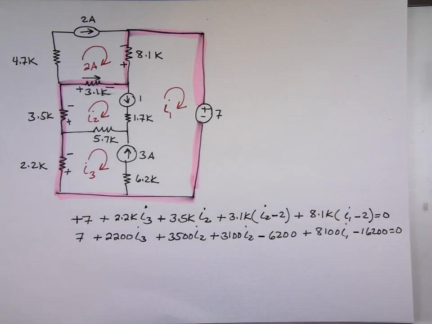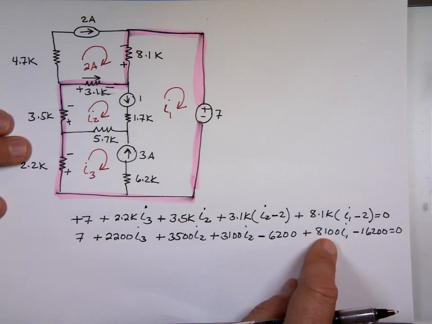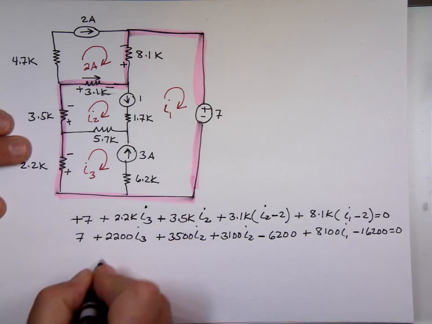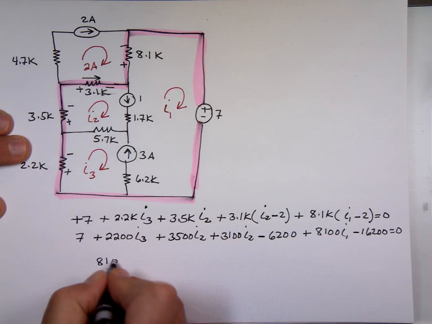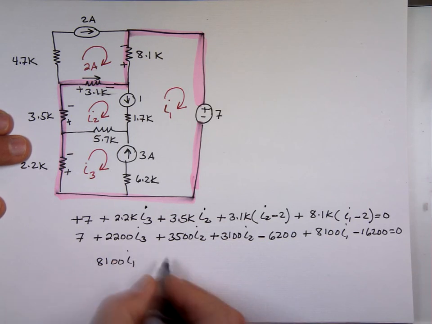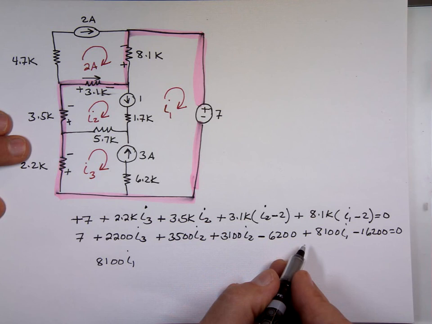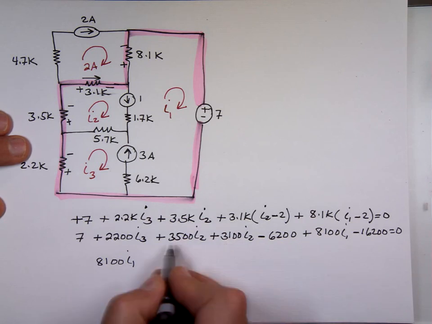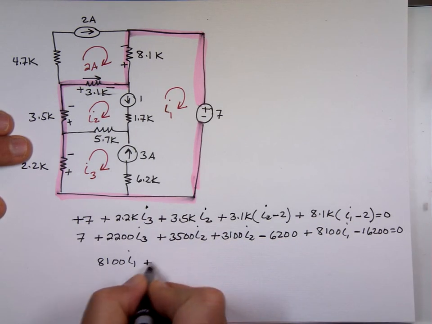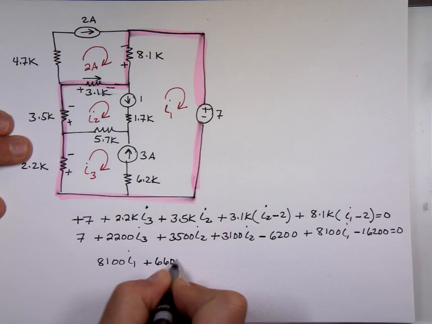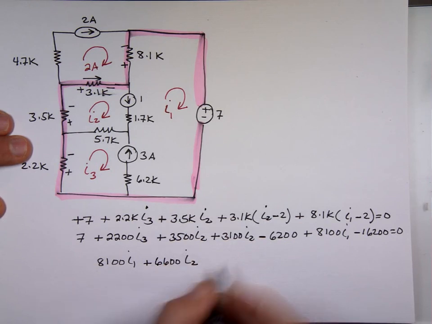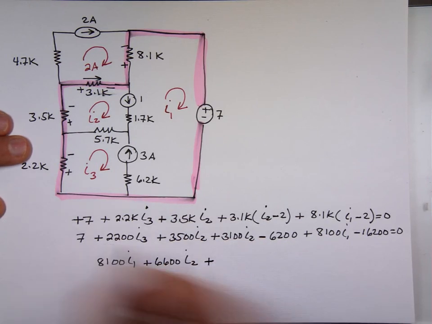Where's I sub 1? I see one of them, right? So 8100 I sub 1. I sub 2, I see two of them, 3100 and 3500, what's that, 6600? I sub 3, we get what, 2200?